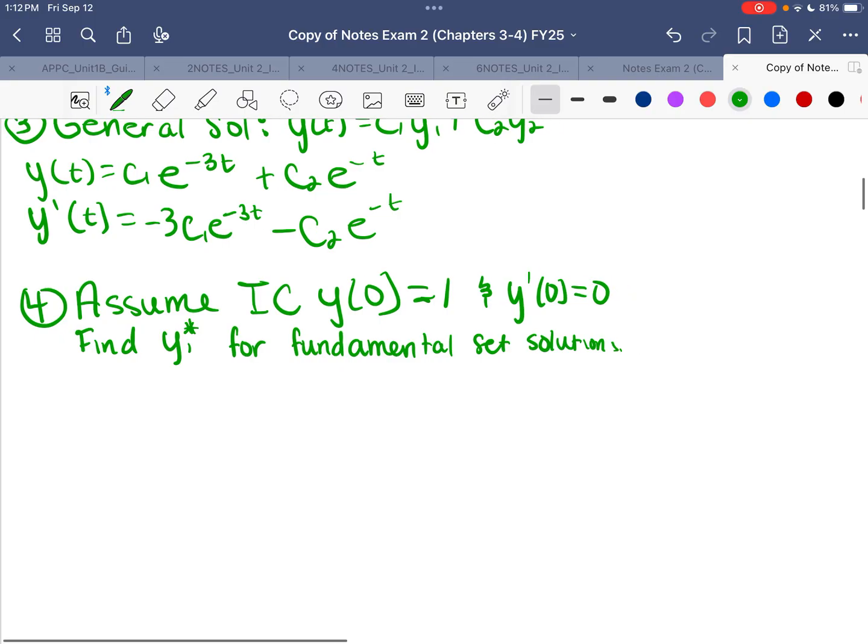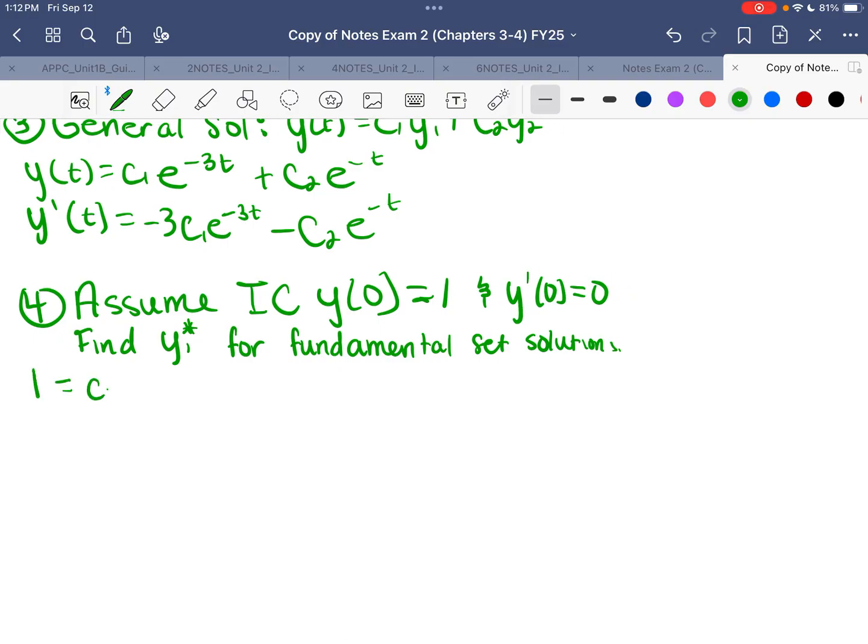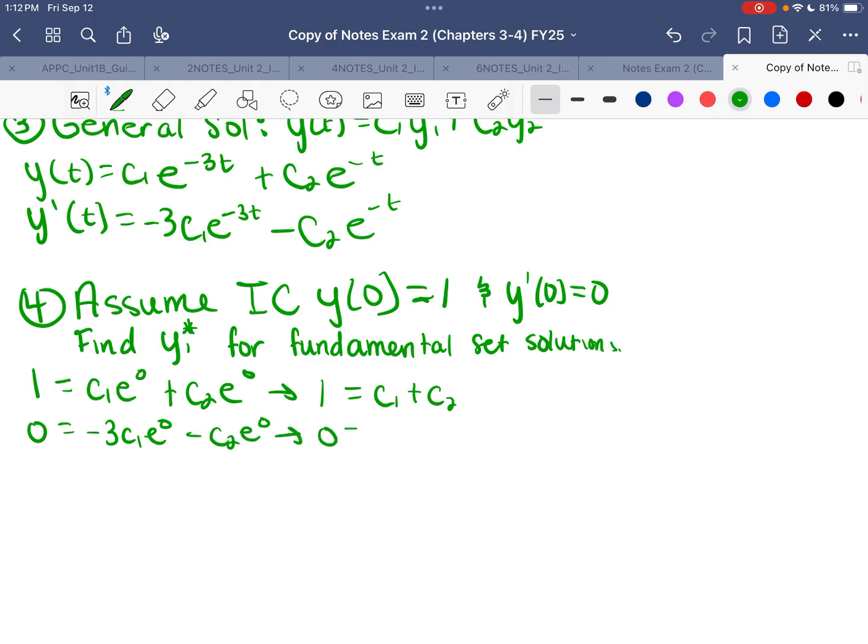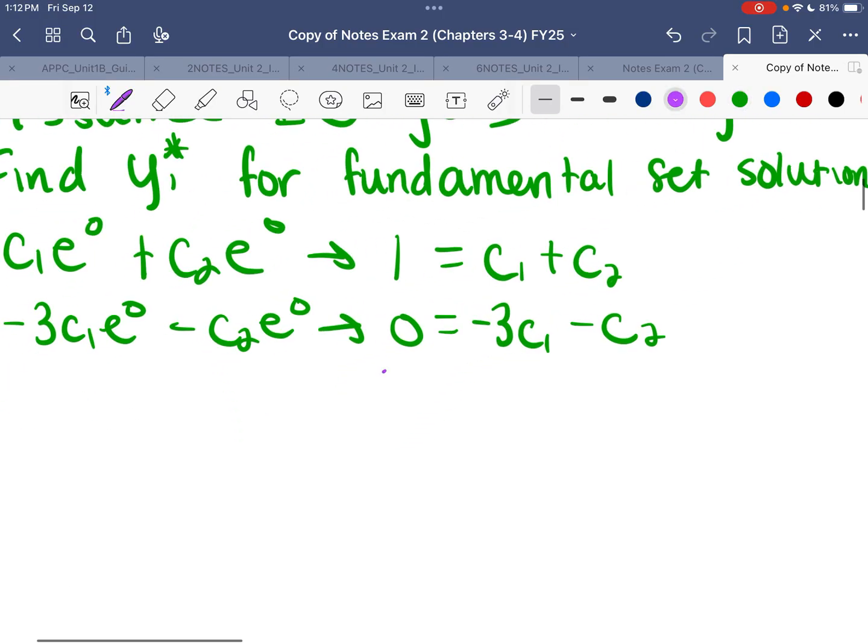With that assumption, 1 is equal to C1 e to the 0 plus C2 e to the 0, so 1 is equal to C1 plus C2. And that 0 is for the derivative: 0 is equal to negative 3 C1 minus C2. And solve.